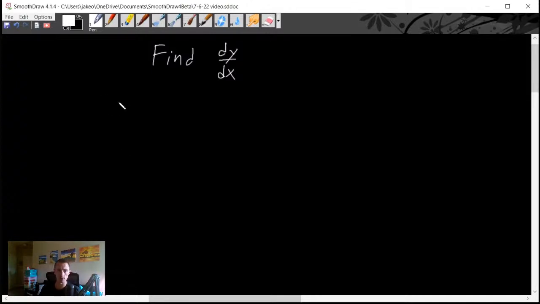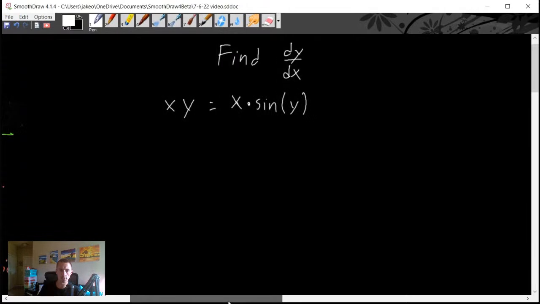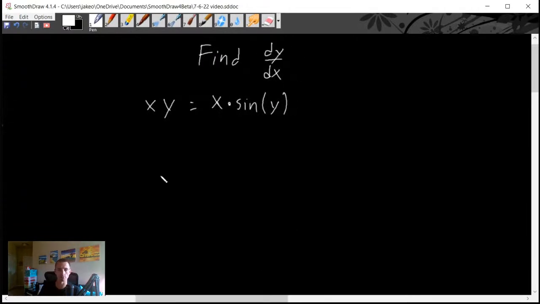So let's say we have the equation x times sine of y. Okay, so this is our equation which has x's and y's all mixed together, and basically what we need to do is find dy/dx using implicit differentiation.